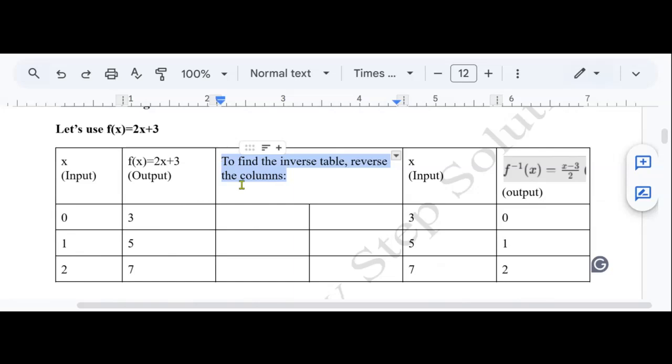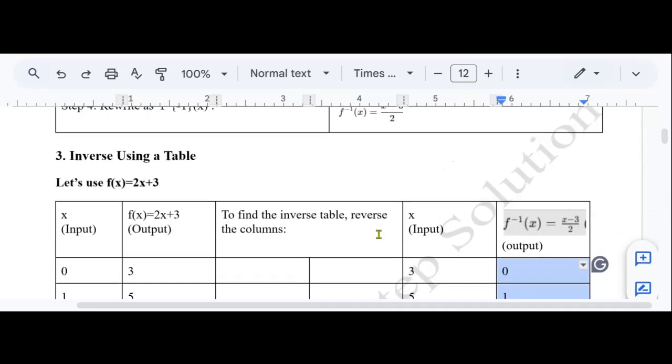It says find the inverse table: reverse the columns. So the input becomes the output, swap it. So this becomes 3, 5, 7, and this becomes 0, 1, 2. Easy. So that's it for the table. What's the second one?